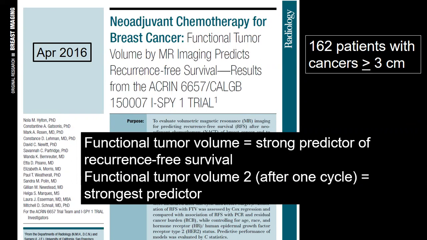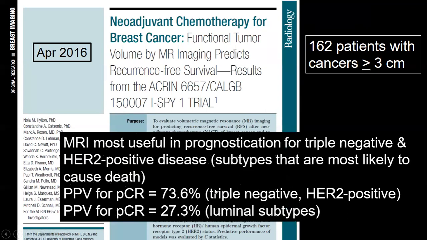So as radiologists, rather than saying that bigger or smaller is a result, we actually can tell the patient, looking into the future, what will happen. Functional tumor volume 2, that is the tumor volume that is measured after the first cycle of neoadjuvant therapy, turned out to be the strongest predictor. So that's an early predictor.